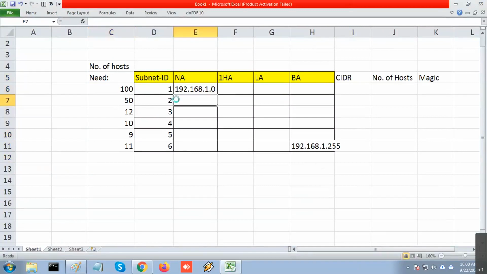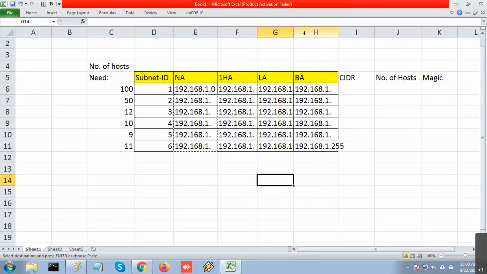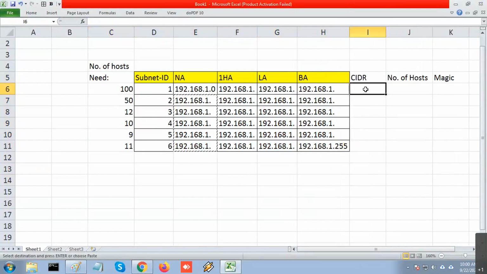CIDR for the subnet ID, right? First subnet. So 192.168.1.0/24 needs 100 hosts. So what is the CIDR? You can calculate and tell me. 31.